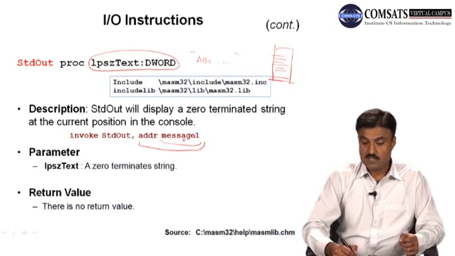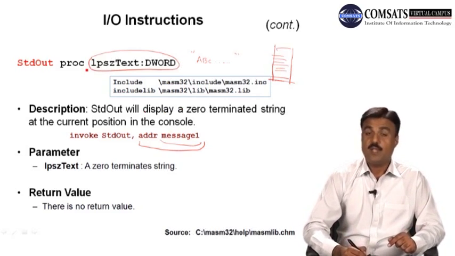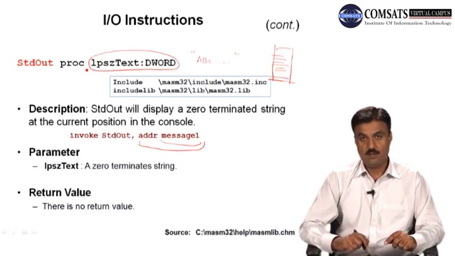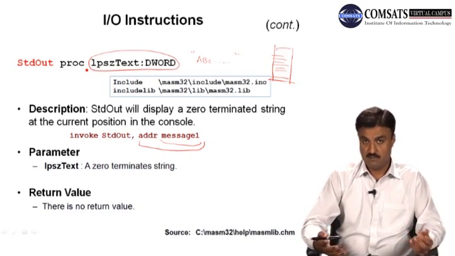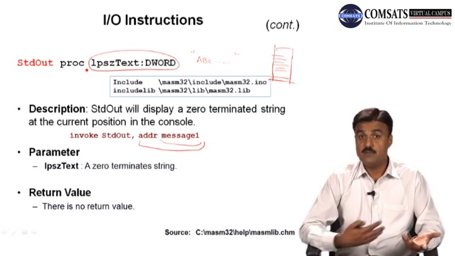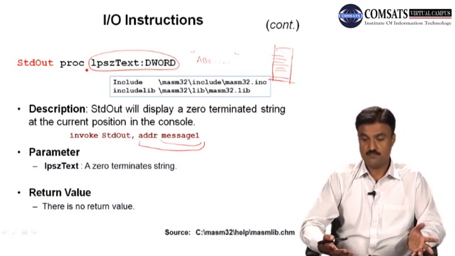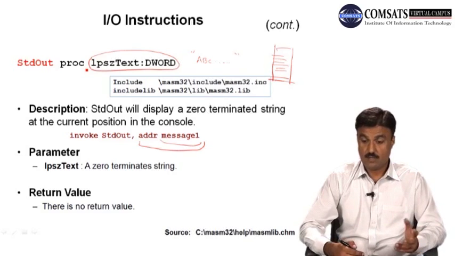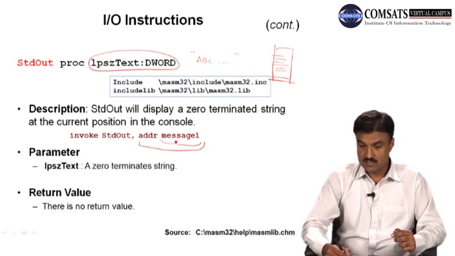We define this message 1 inside our data portion, and we assign it some message, for example hello world, or what's your name, or enter your name, any message you want to print in your assembly language. So we are actually passing the address of this message.